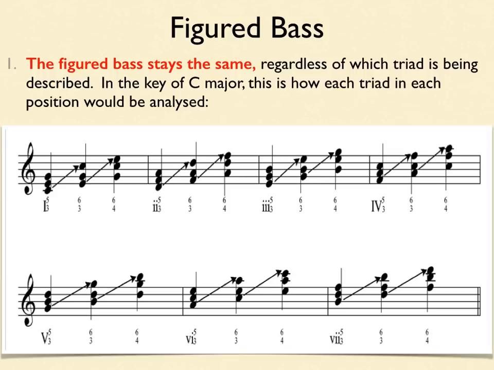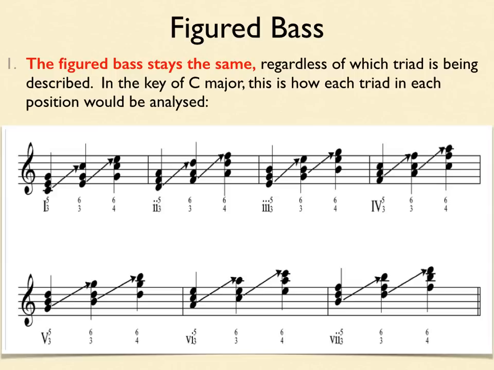Chord 1, and you can write 5-3 next to it, or 6-3 next to it, or 6-4 next to it to indicate that the root's at the bottom, the third's at the bottom, or the fifth's at the bottom. Again for chord 2, exactly the same thing: 5-3 for root position, 6-3 for first inversion, 6-4 for second inversion. And the same for the mediant chord, the subdominant chord, the dominant, the submediant, and the leading note chord.